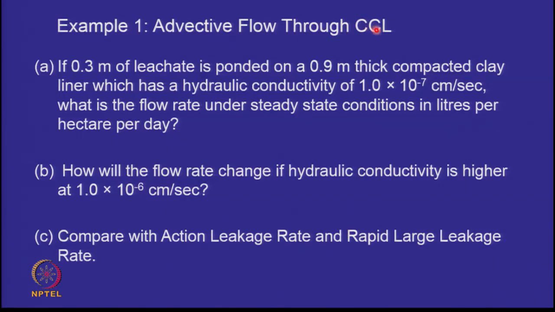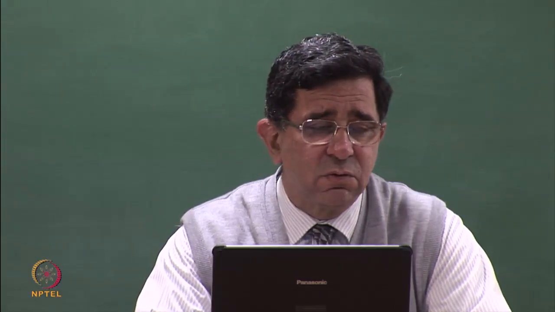So the first example is advective flow through a compacted clay liner. As I told you in the very beginning, flow through liners can be advective or diffusive. Advective is due to hydraulic gradient and diffusive is due to gradient in concentration. And we know that for advective flow, Darcy's law is valid.